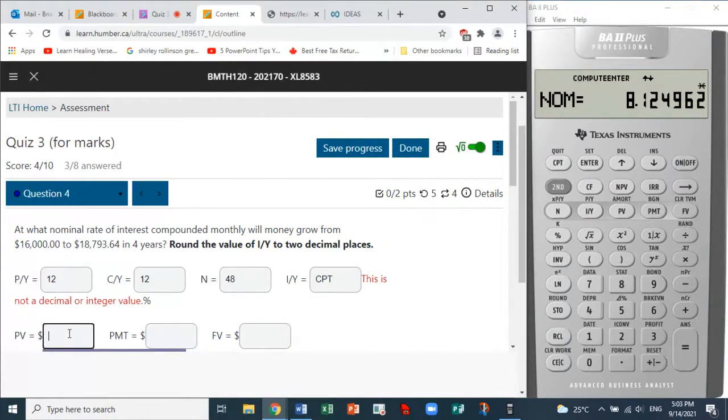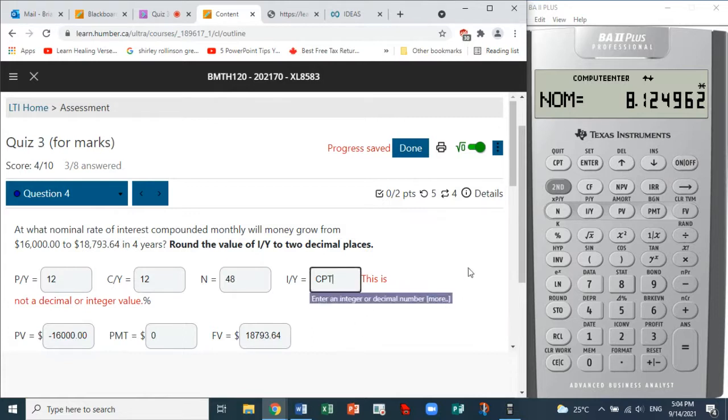So 16,000 goes in there. If you wish, you could put it in as negative 16,000. And if you wish to carry all the decimals, you could put 0.00. Payment, as you know, is 0. And in here is 18793.64. This number corresponds to this number. All right, good, great. All right, so we have everything.